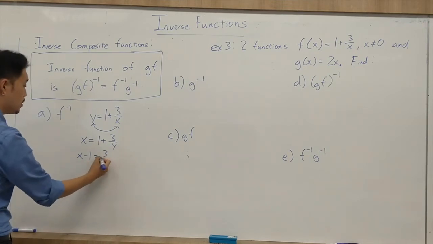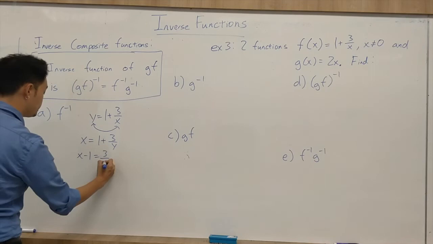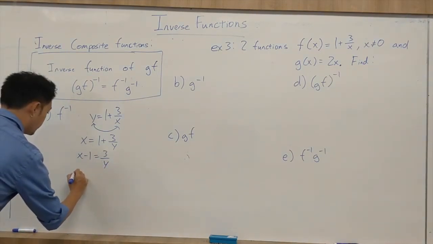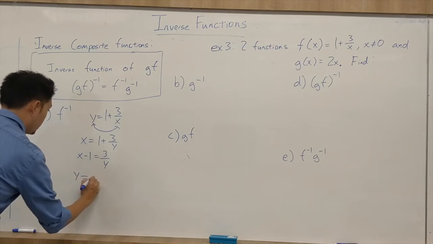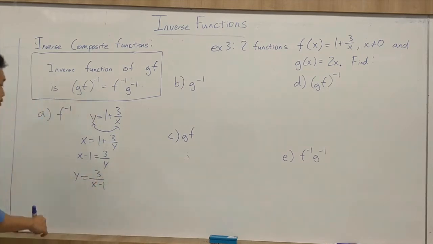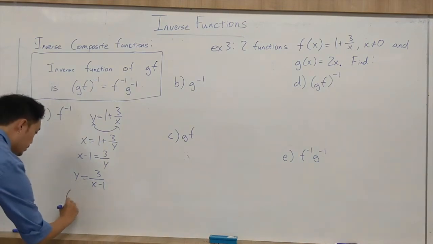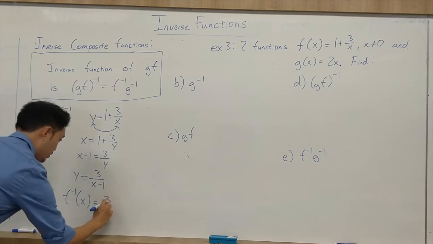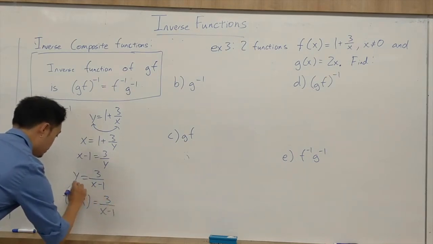And let's continue solving for y here. So x minus 1 equals 3 over y. We'll have y equals 3 over x minus 1.